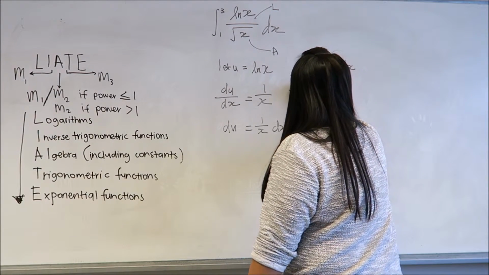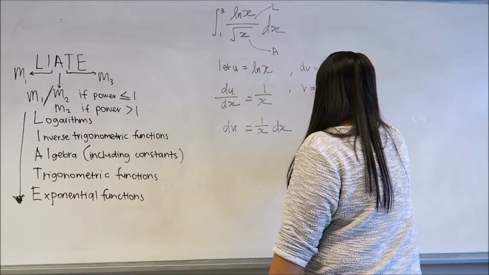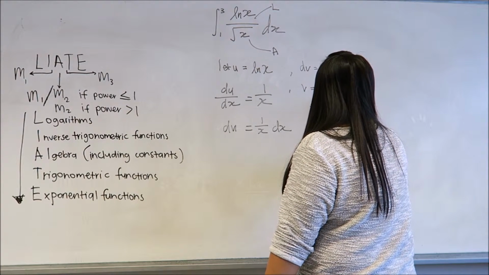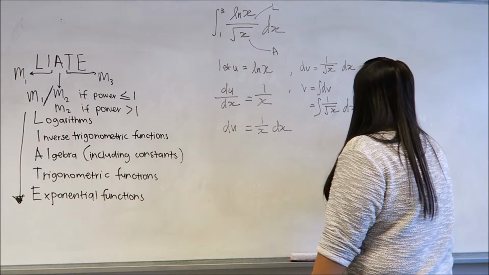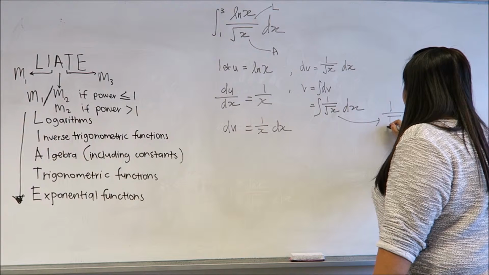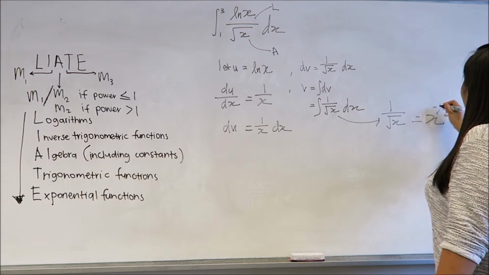v equals integrate dv, which is integrate 1 over square root x dx. Okay, 1 over square root x is equal to x to the power of negative half.